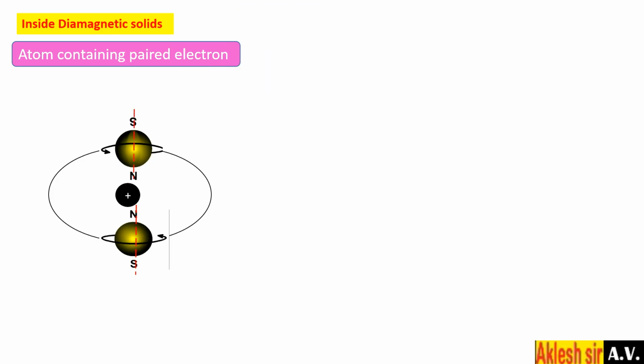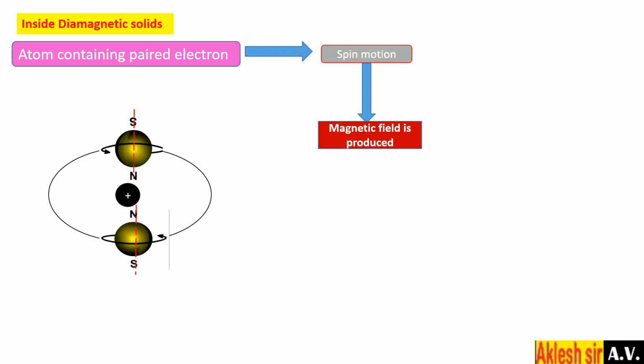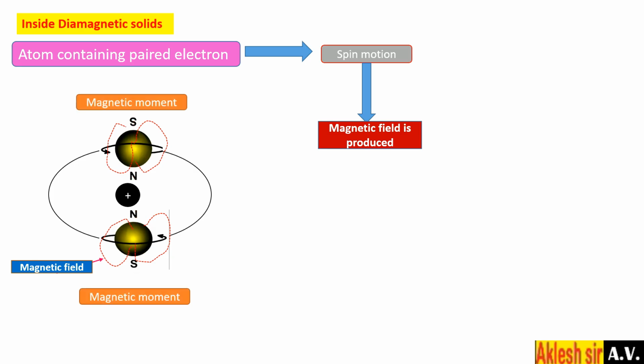Each electron spins around its own axis, and due to this spin motion, a magnetic field is produced. Here you can see due to spin, the electron is producing a magnetic field. But since the electrons are paired, they spin in opposite directions.